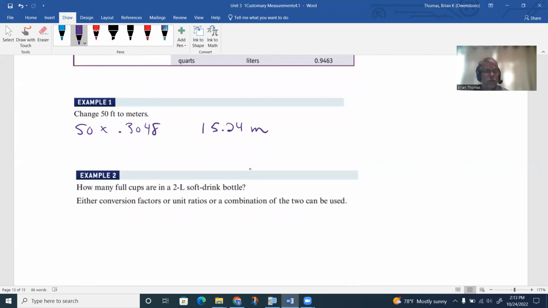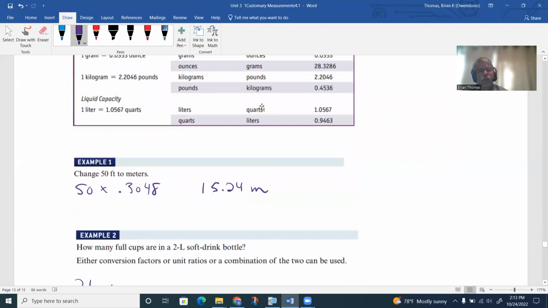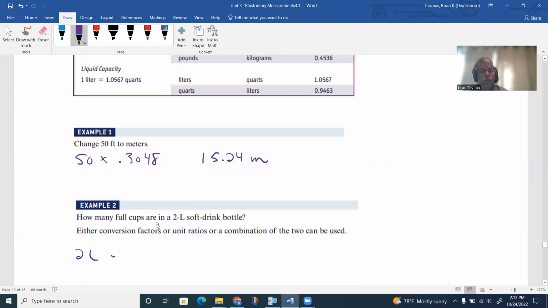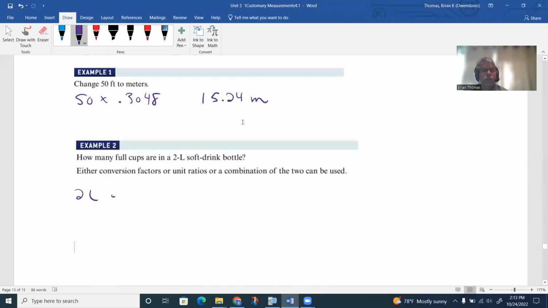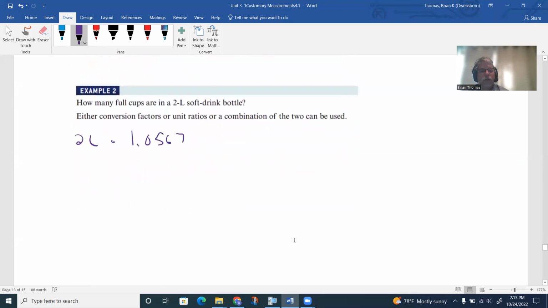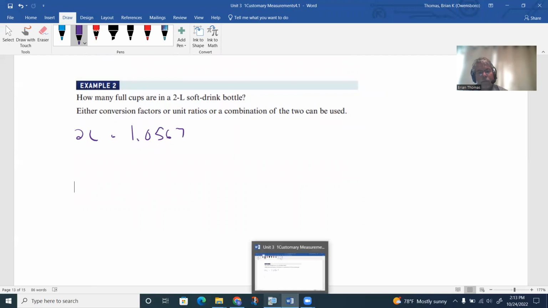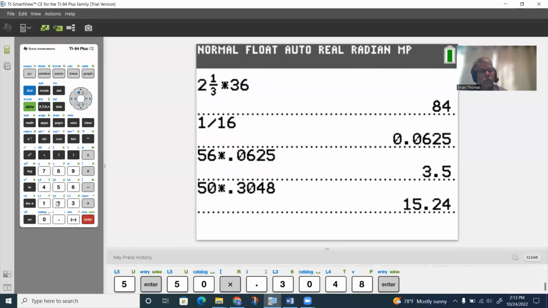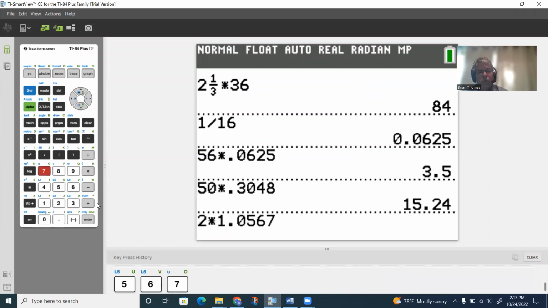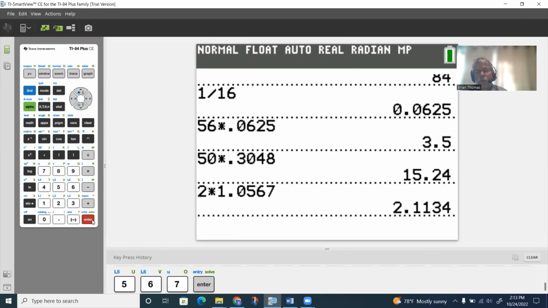We have 2 liters, but all we're able to do with our conversion table is convert it to quarts. Going from liters to quarts, the factor is 1.0567. If I do that, I'm going to be in the form of quarts. So we get 2.1134.